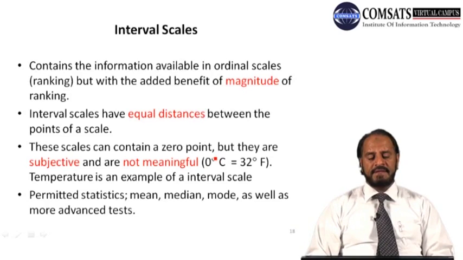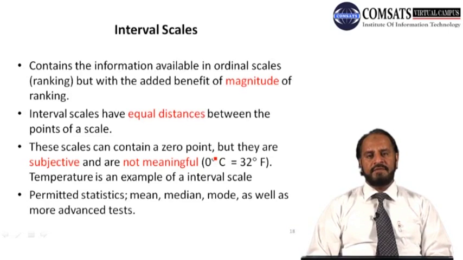The interval scale has equal distance between the points of the scale, and these scales can contain a 0 point, but it is subjective and not meaningful. Although you might find in some of these interval scales the value of 0 being used, it is very subjective. It's not an absolute 0. The typical example for this kind of scale is temperature.